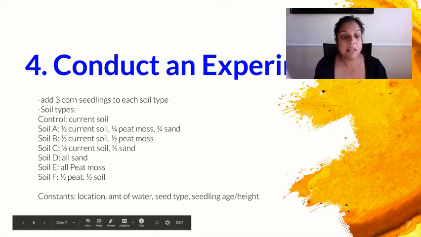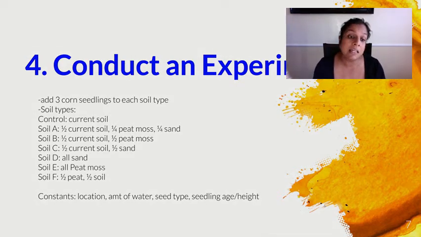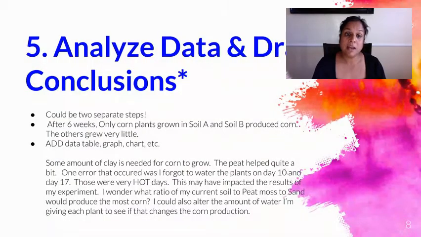Our constants, everything else I need to keep the same. So that's going to be the location of where I'm growing my corn so that they receive the same amount of sunlight, the amount of water, the seed type, it's from the same package, etc. So after a few weeks, I'm collecting data every day, measuring my plants, making observations, taking notes.